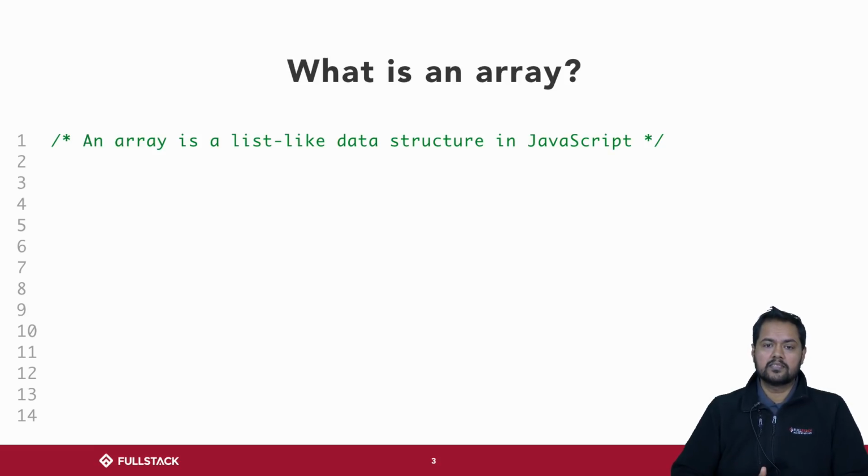Well, an array is a list-like data structure in JavaScript. When we use the term data structure, what we mean is it is a structure that basically helps you organize lots of data. A variable is also a data structure, but a variable is a very simple data structure that only holds essentially one piece of data.